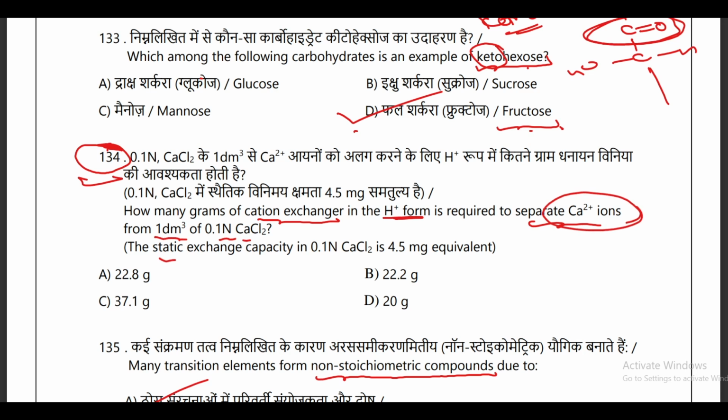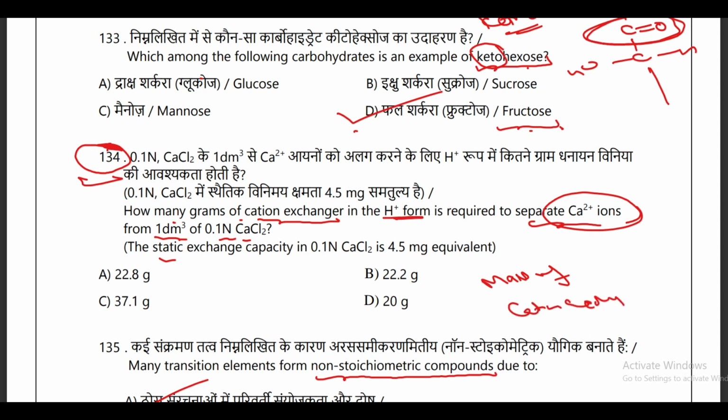First of all, you have to find how many grams of cation exchanger are required. So first you have to find the mass of cation exchanger.